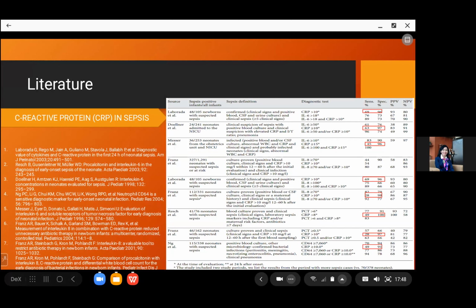The sensitivity of CRP is 28 up to 69, but the specificity is high, more than 90%. But when CRP is combined with other markers such as procalcitonin, interleukin-8, and interleukin-6, the sensitivity is higher, but the specificity is lower.